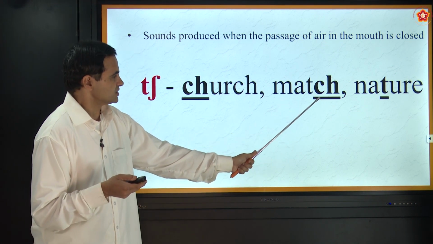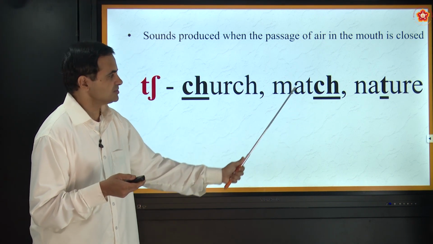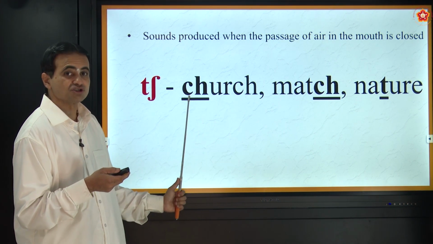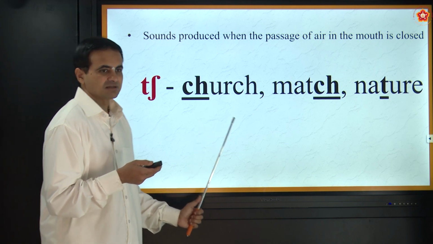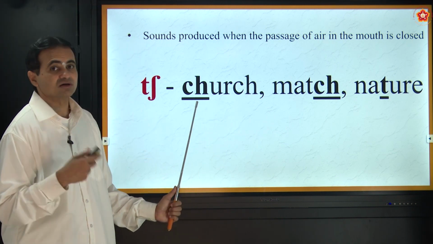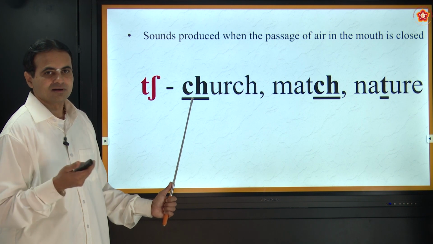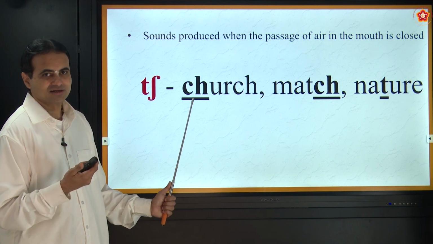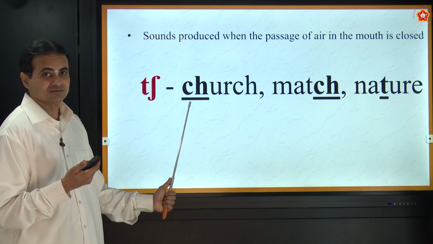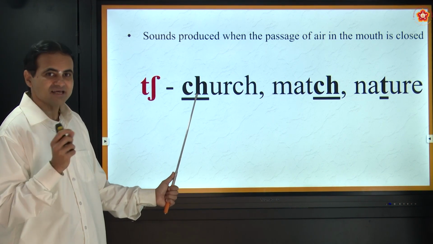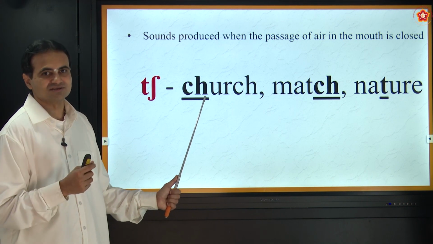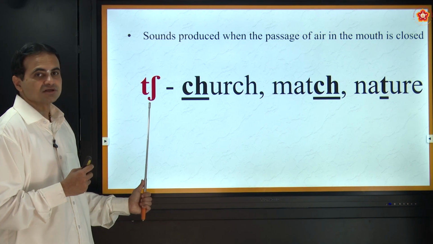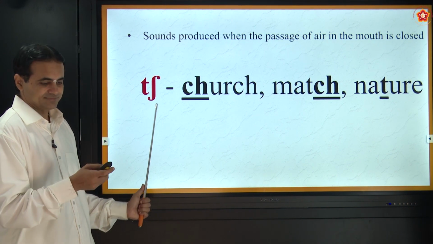Here it is CH, so it should be pronounced as match. Here there is CH in the beginning, therefore church. Sometimes this CH comes for other words, like choir, CHOIR, but there it is k, whereas here it is ch. Same spelling, different pronunciation. So this is what we have to be careful about. This is ch.